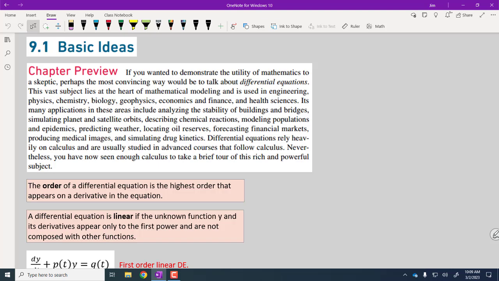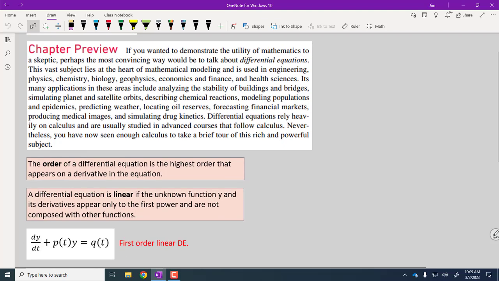So you can read that paragraph when you have time. The gist of that paragraph is that every field in science uses differential equations. If there was one topic that was uniform across all fields, it's differential equations. Because a differential equation is something that measures change. And you can do that empirically.